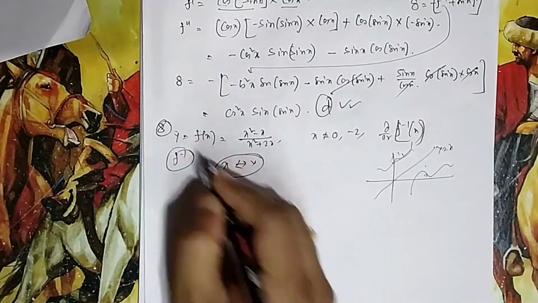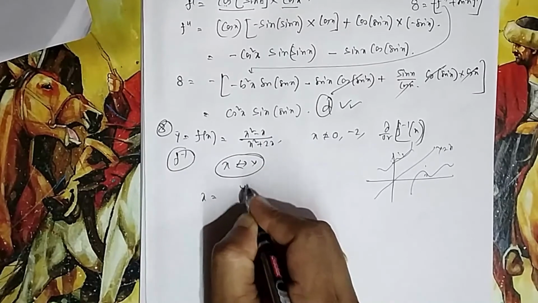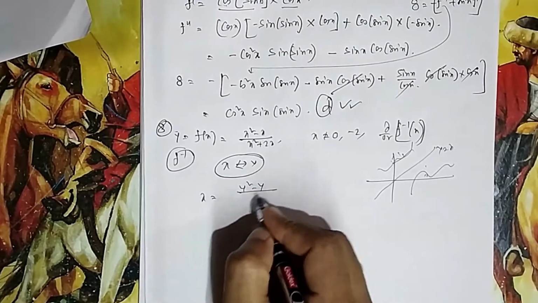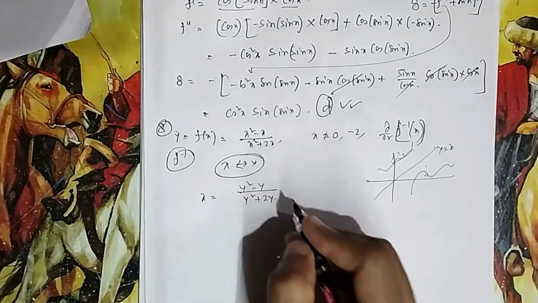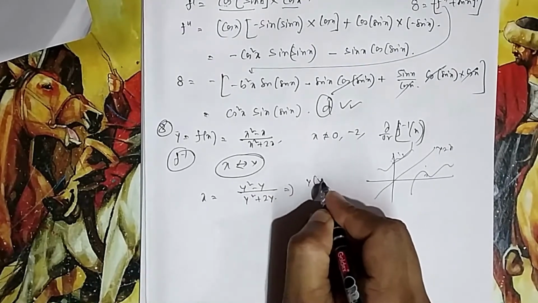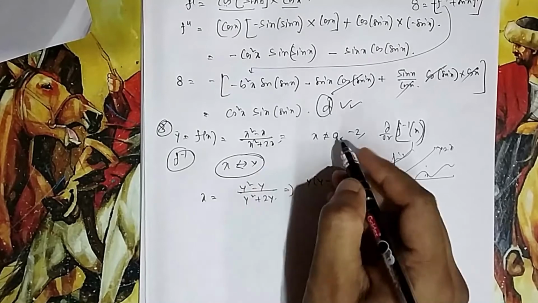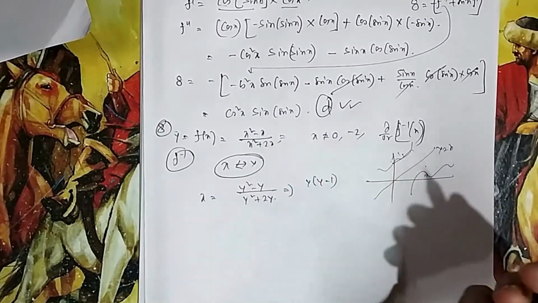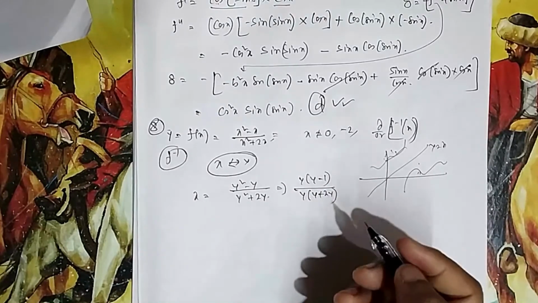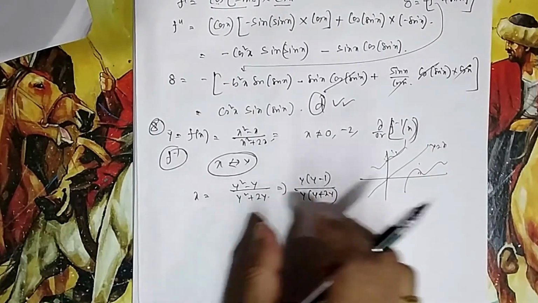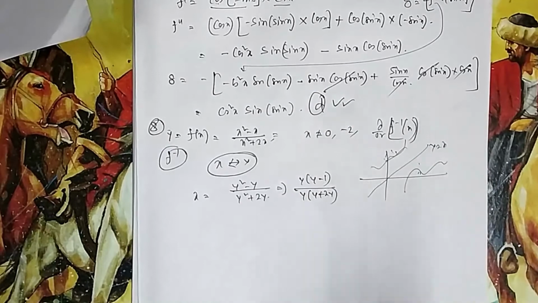Suppose this is my y. So this one will be x, this one will be (y square minus y) by (y square plus 2y). Here you can take y common also, y minus 1, because they have given already x is not equal to 0. You could have cancelled also x, and it is y plus 2y. So you can cancel this y. Your intention is to write y equal to x in this format. That is your idea.